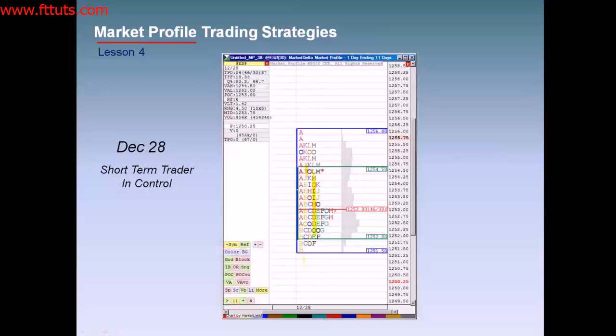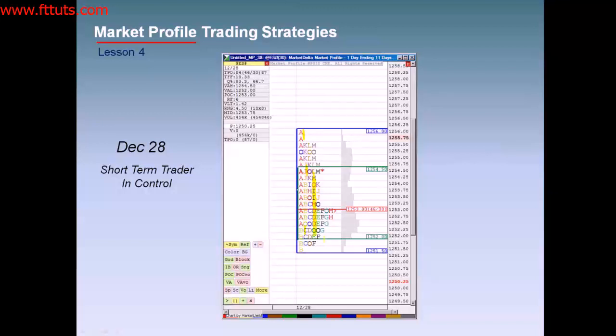Look at the entire range of the day between A and B. All of the trading for the entire day took place during that initial balance period, during the A and B periods. Look at that. All the prints are within that range. Immediately when you see that, that tells you that the short-term trader was in control.